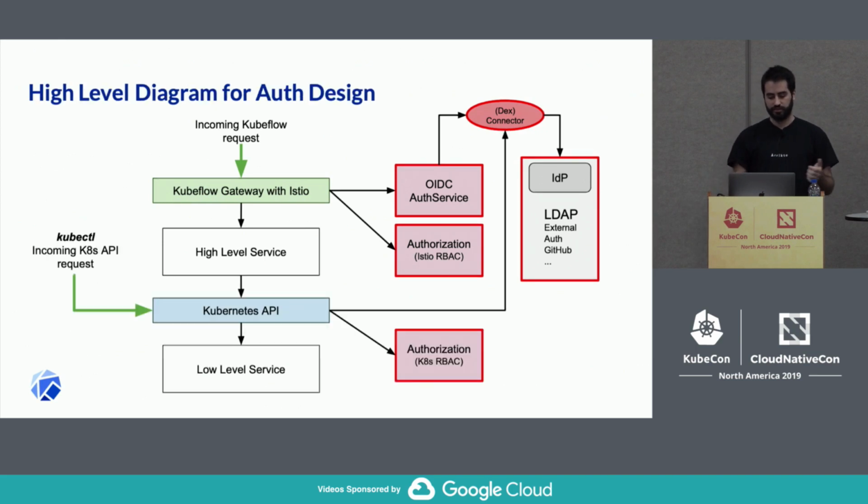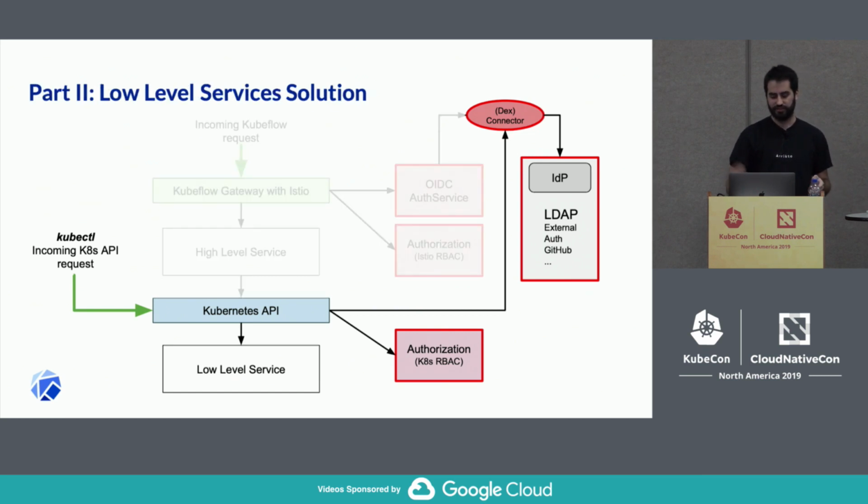Now, what happens if we want access to the Kubernetes API as the user that we are? This is not as simple as it may sound. There's some complexity there to achieve that. This is the second part we're going to talk about, access to the low-level services, access with kubectl. And Krishna is now going to present the excellent work that he's done using the OIDC plugin of the Kubernetes API server.